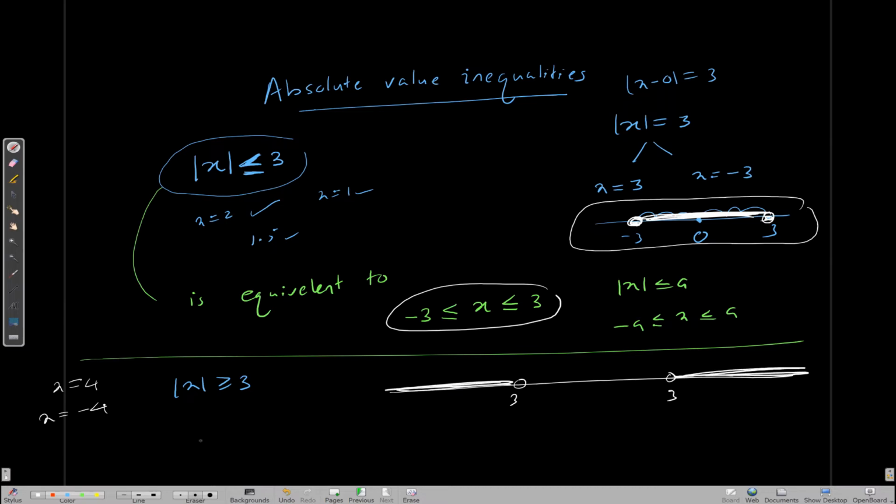So either you can remember this form, which gives you x less than negative 3 and x greater than positive 3.